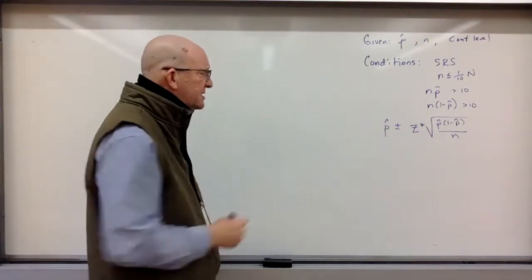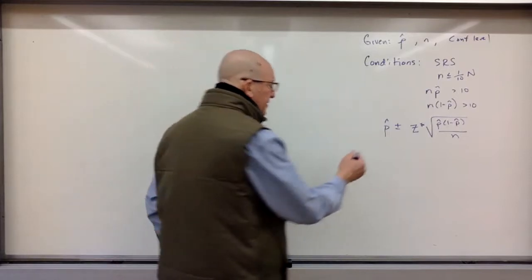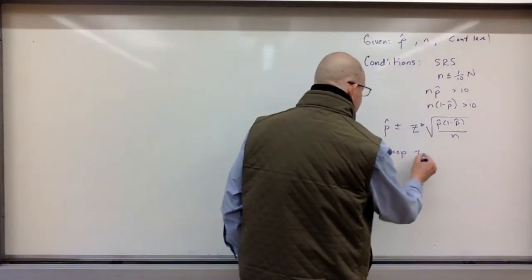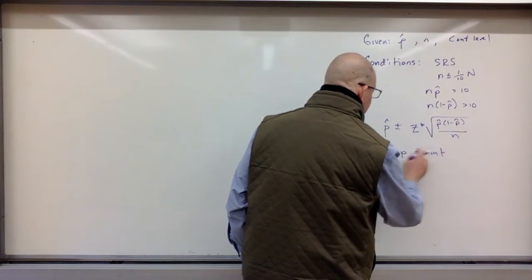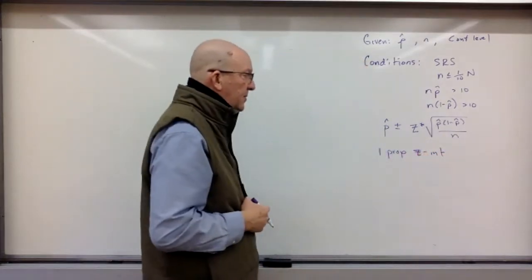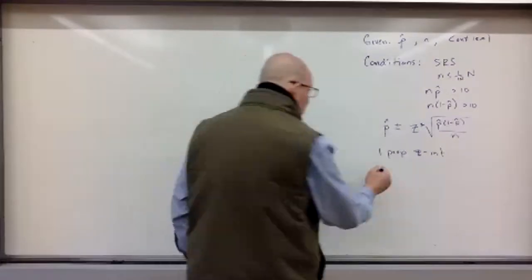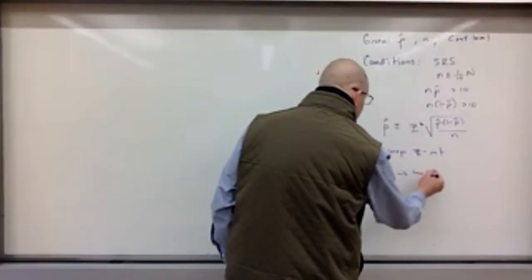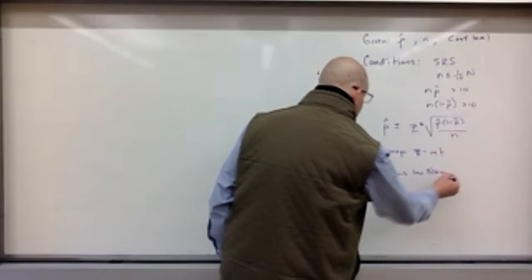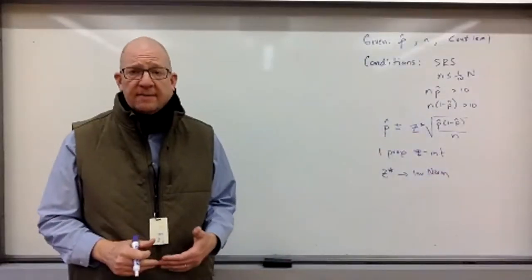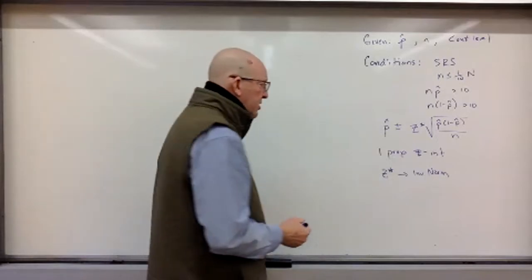And that's where the z star comes from. This is called a one proportion z interval, or a one prop z int, right? And the z star comes from the inverse norm function on your calculator, and this is the one prop z int function on your calculator. And then you draw your conclusion.